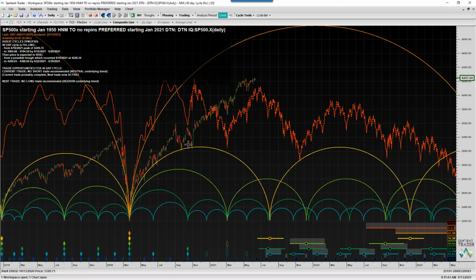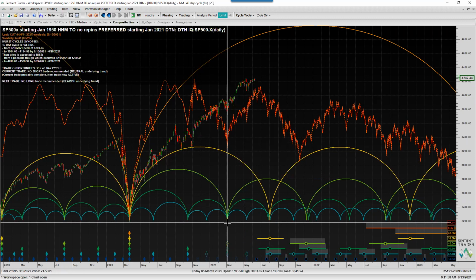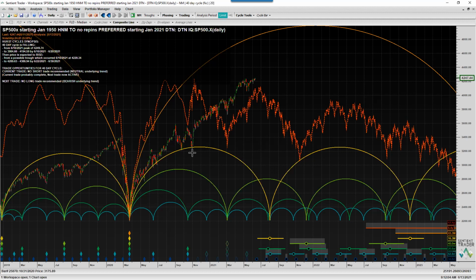Why am I choosing to not use this default analysis? The reason is because in a bullish market, usually within an 18-month cycle, the 40-week cycle occurs early. It's what we call left translated. It occurs a little before the midpoint of the 18-month cycle trough.